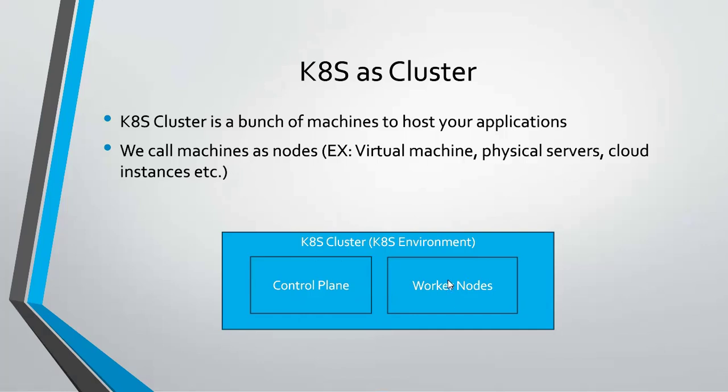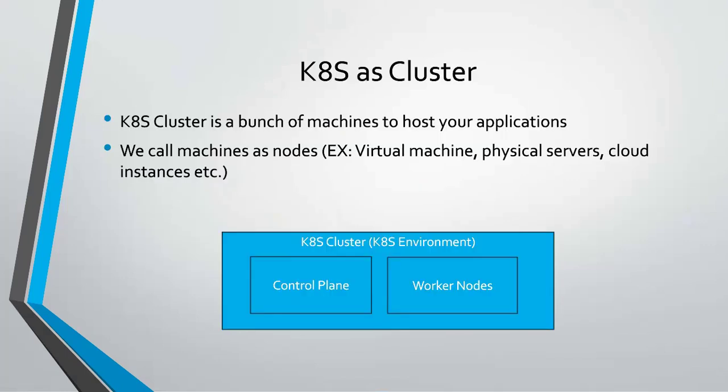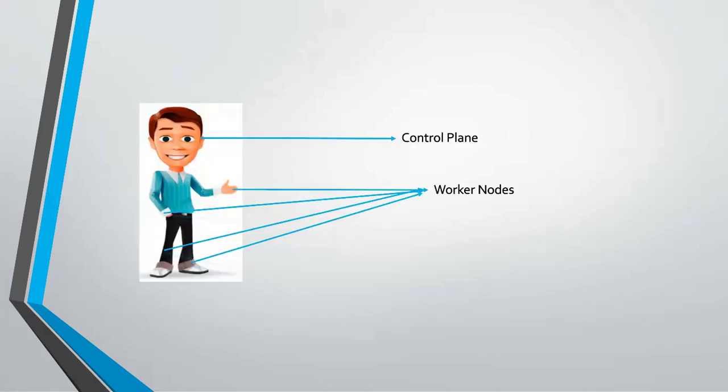Now the question is, when you implement your application or microservices, do you run them on the control plane machine or on worker nodes? You will get to know that in the upcoming slides.